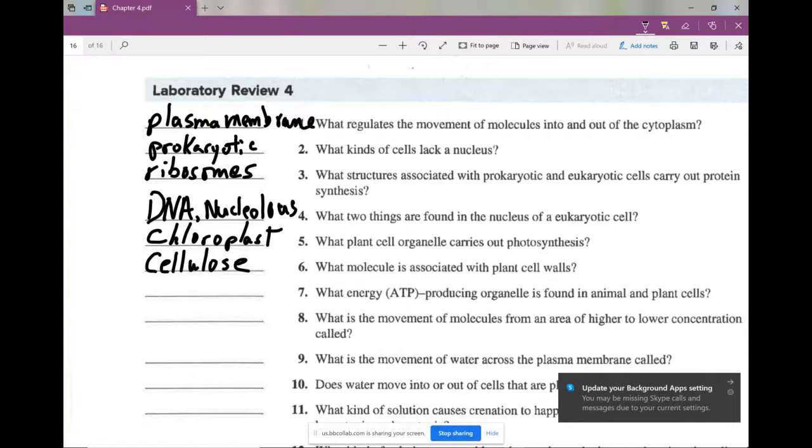Termites are known for eating wood, which is cellulose, but did you know that it's not the termite that's able to digest the wood? The termite has a symbiotic, single-celled organism, a protist, like Euglena from yesterday, that helps the termite digest the wood.